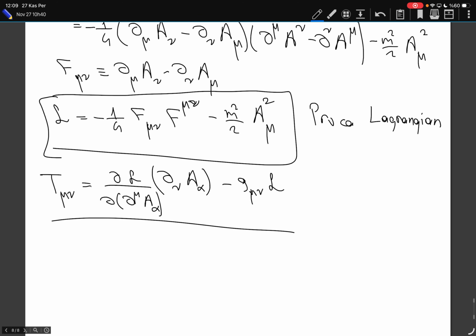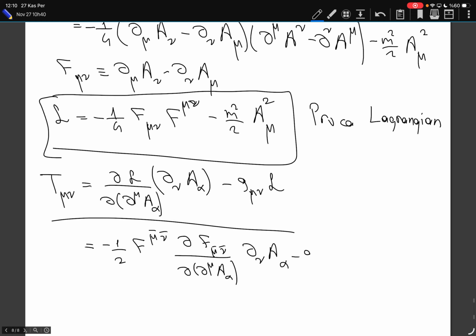Now let's calculate this one. Well, the first derivative is minus 1 over 4 F mu bar, minus 1 over 2, derivative of F mu bar with respect to del mu A alpha, times del mu A alpha, minus g mu nu.